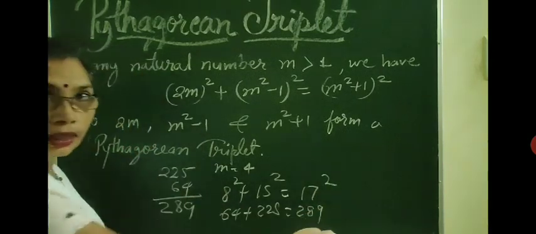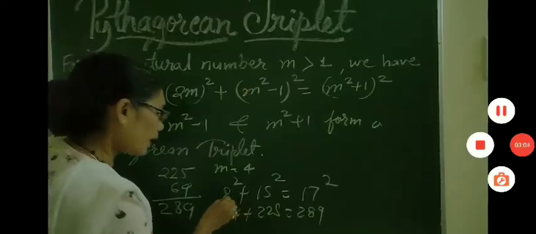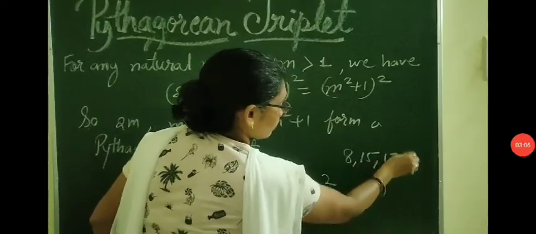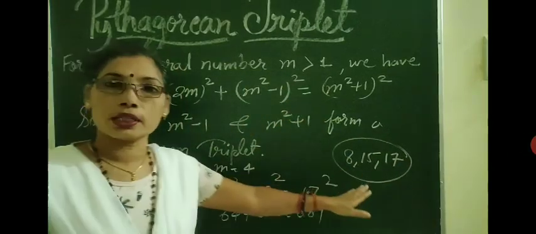So 8, 15, 17 is another set of Pythagorean triplet.